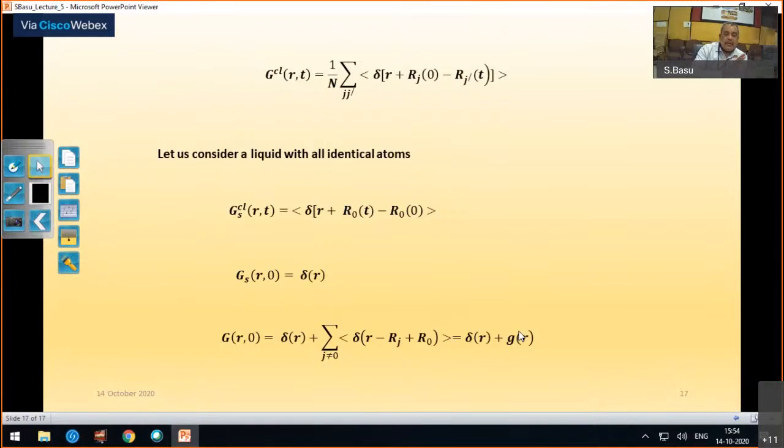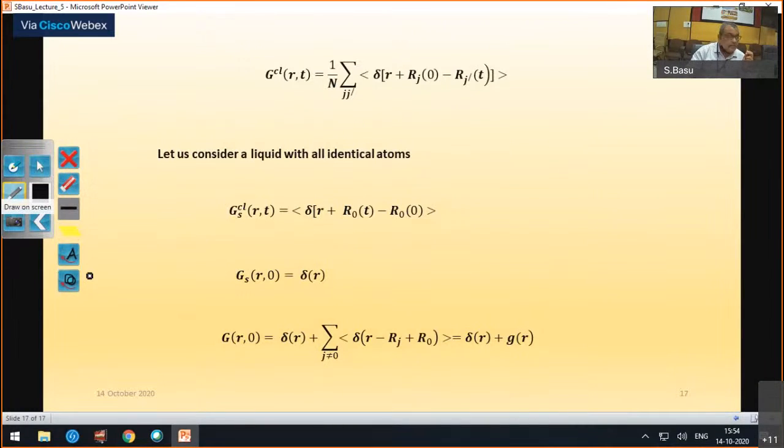I'm just talking about classical G of RT. What is G of RT? Basically, G of RT is a system average of a delta function.